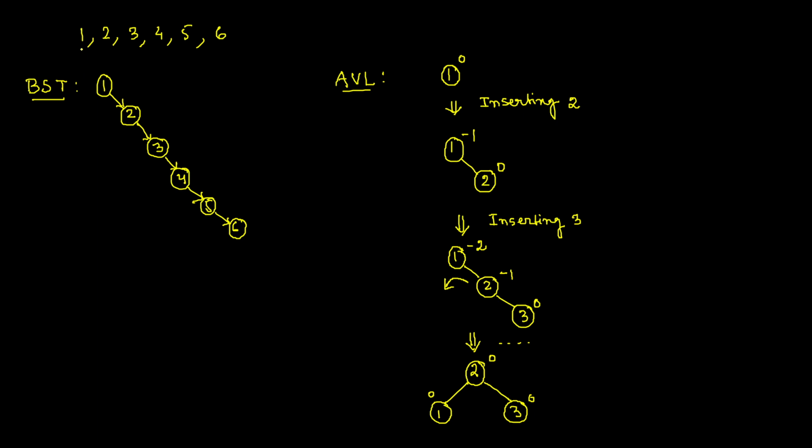But since it is only in increasing order, only a particular case has arisen, that is right subtree right heavy. But it may not be true. It may happen that sometimes right subtree right heavy, sometimes left subtree left heavy, sometimes right subtree left heavy, sometimes left subtree right heavy. Anything can happen.